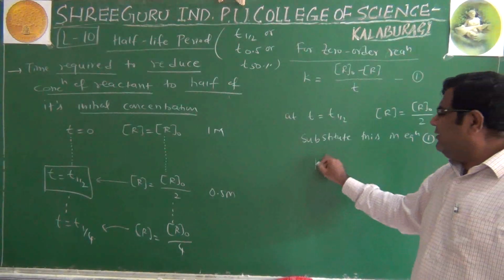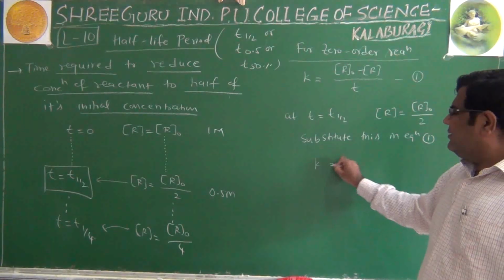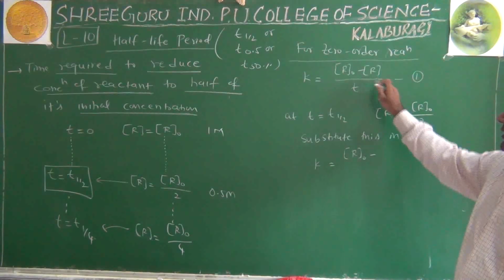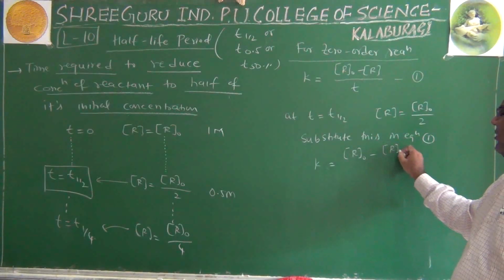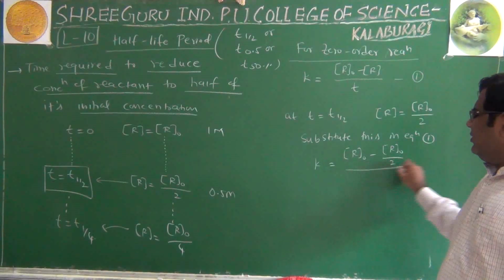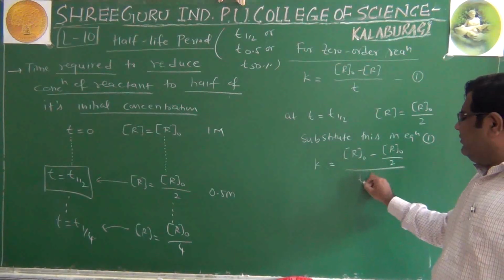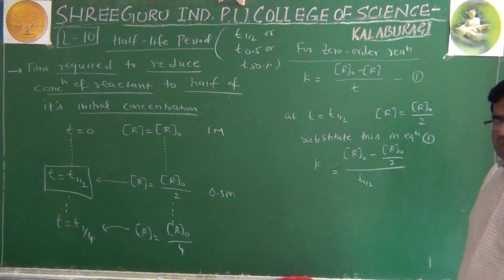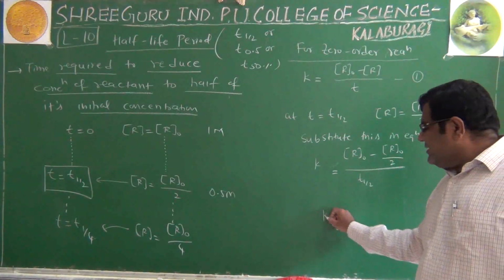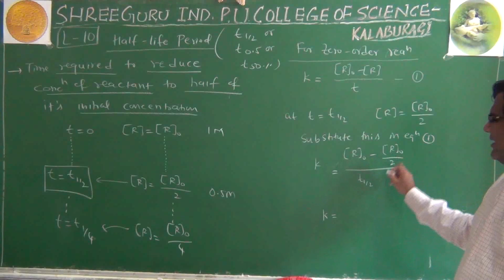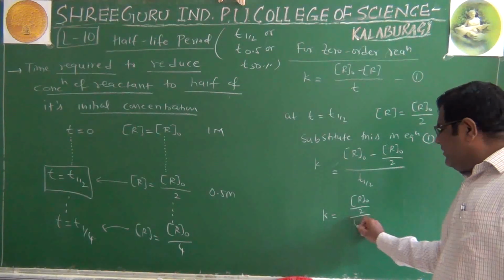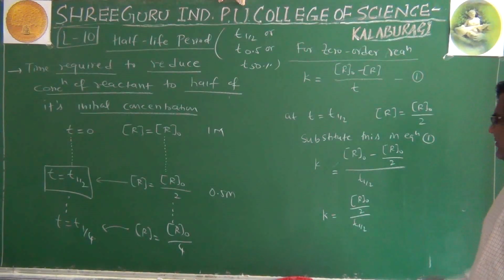So k, this R0 we write as R0 only, this R we now write as R0 by 2, and this t we write as t half. So this is the condition we have substituted. Then we can say k equals R0 minus R0 by 2, which is nothing but R0 by 2, divided by the half-life period.